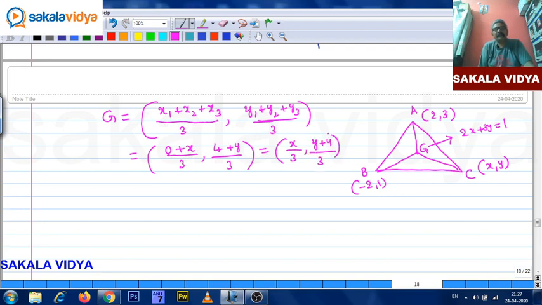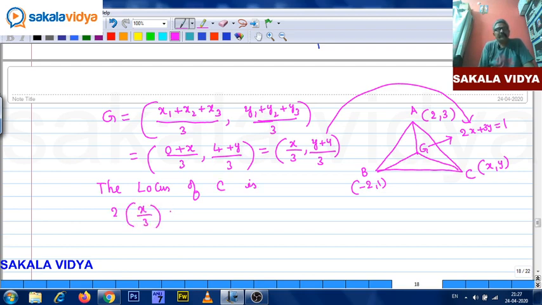According to the problem, it lies on this line. So now the locus of C is 2 times x by 3 plus 3 times (y plus 4) by 3 equals 1.